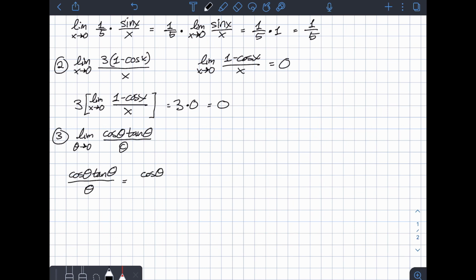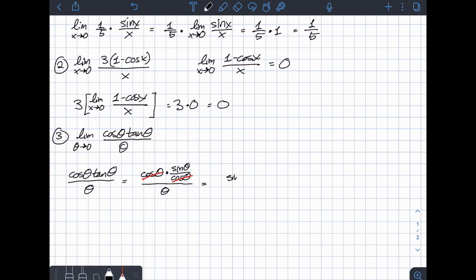So you get cosine theta times sine theta over cosine theta all over theta, and the cosines cancel out.